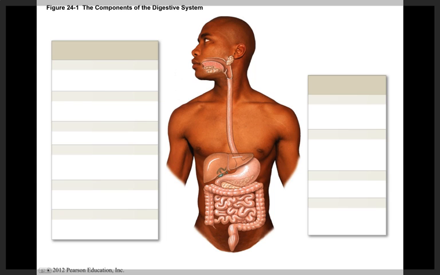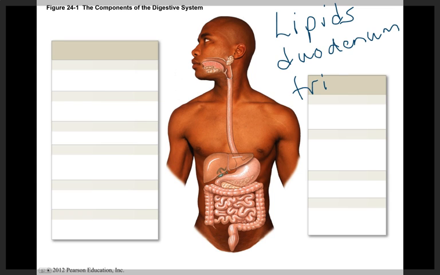Okay, the next thing we have are lipids. And lipids are going to enter into the duodenum, that first part of the small intestine, as triglycerides. So what does that tell us? Well, we know we ingest the lipids, so nothing really is going to happen in the mouth.